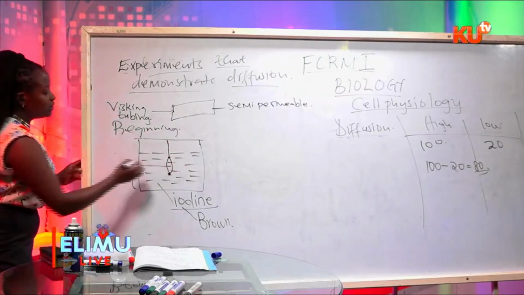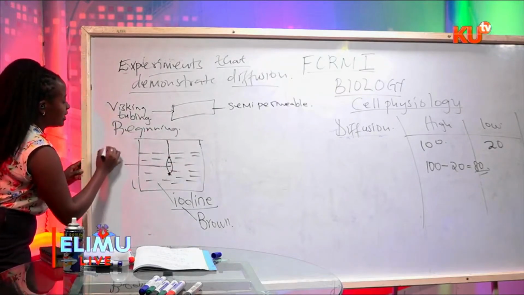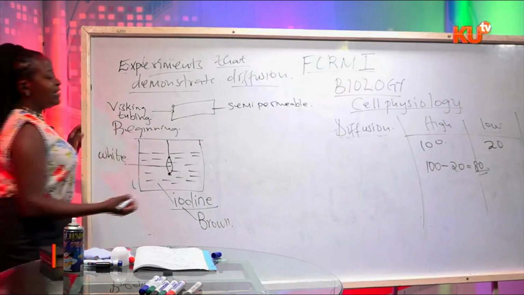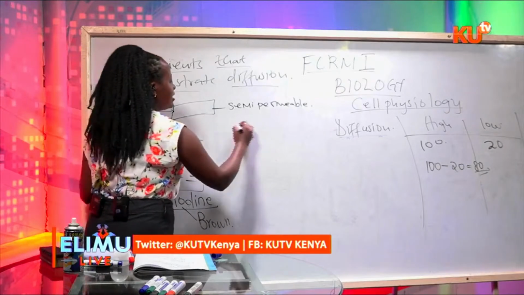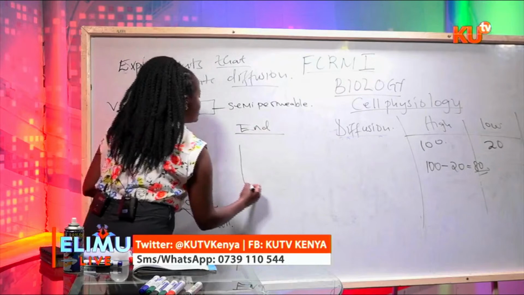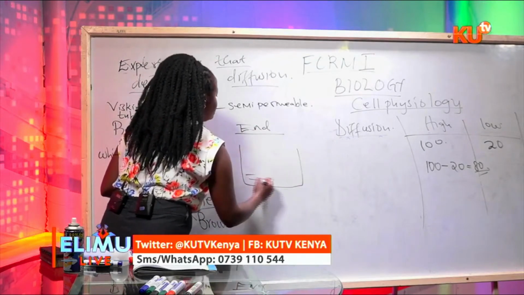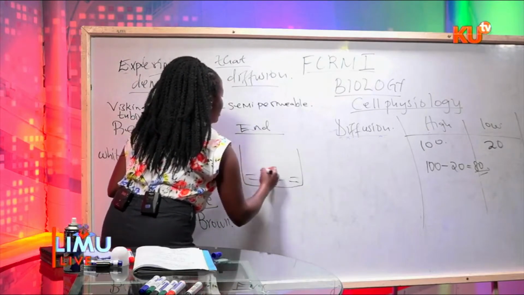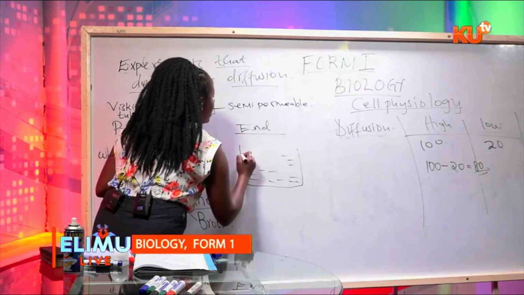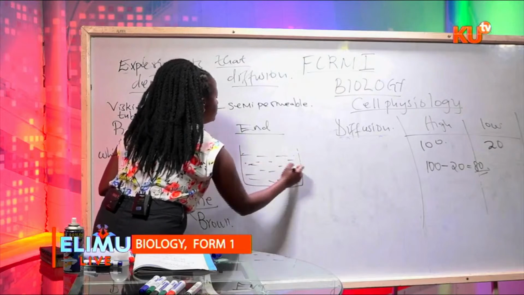The starch solution will be white in color. But after 20 minutes, at the end of the experiment, the starch solution will have turned from white and formed a blue-black solution.